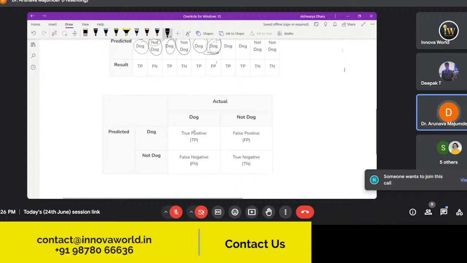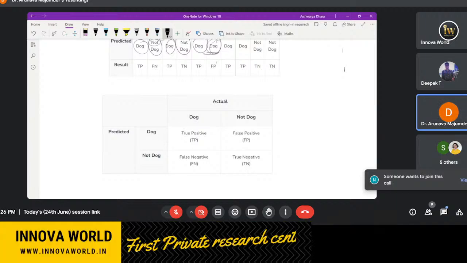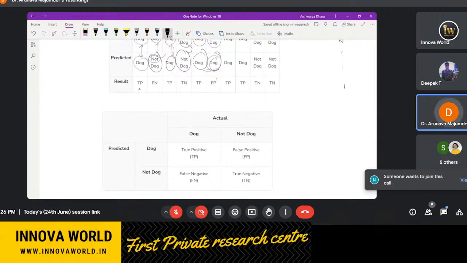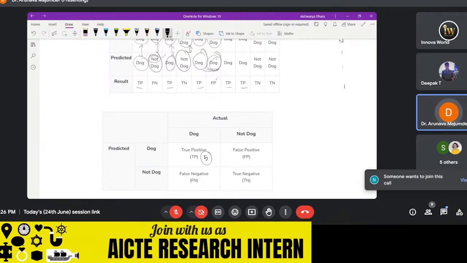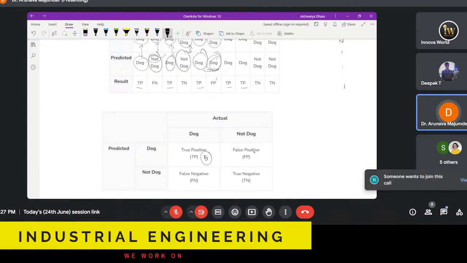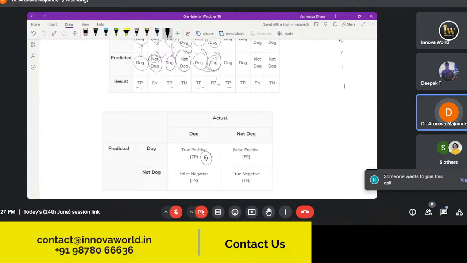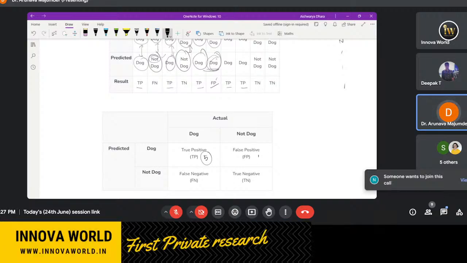Look at this: true positive, true negative. Dog and dog: how many true positive values are there? One, two, three, four, five. So five true positives, and that is this cell of the matrix. Next, dog and not dog, that is a false positive. How many false positive values? Only one.